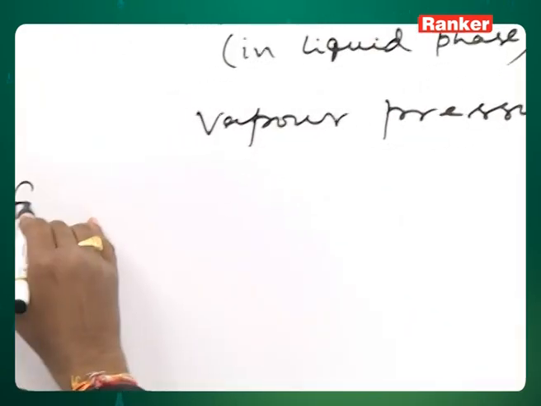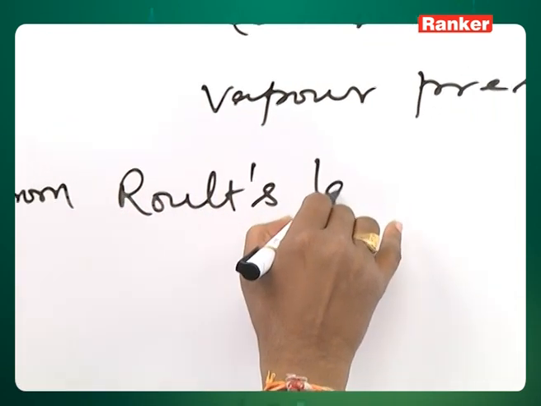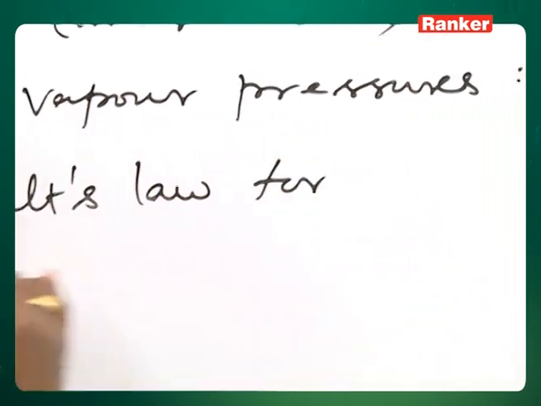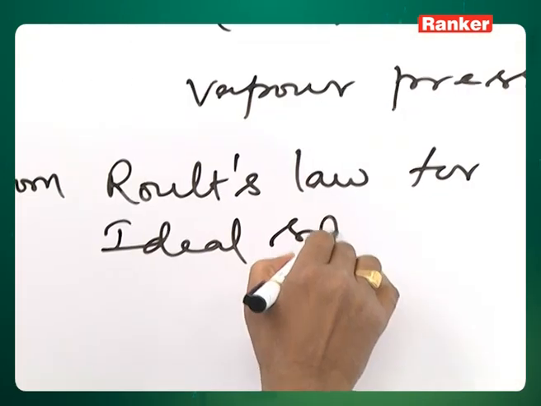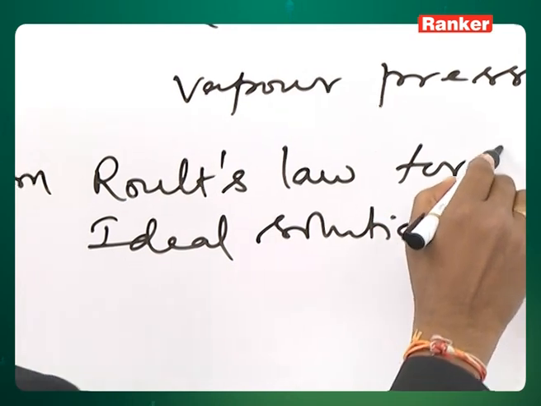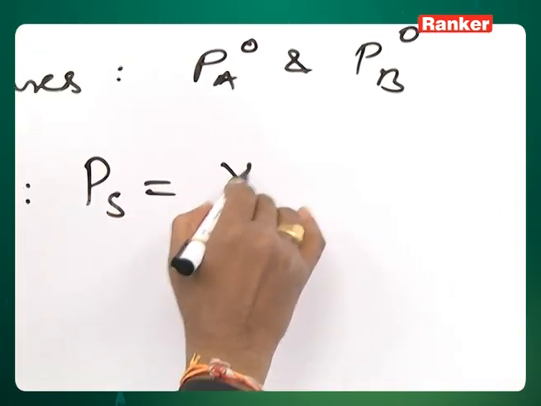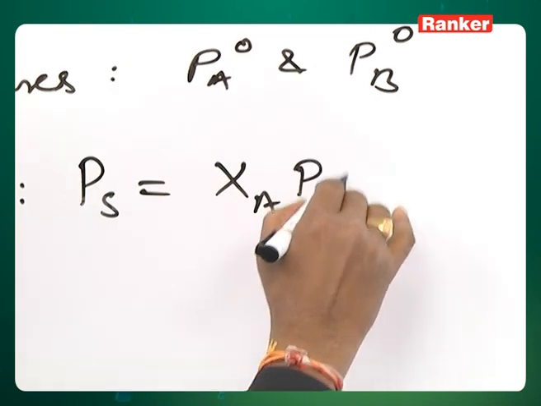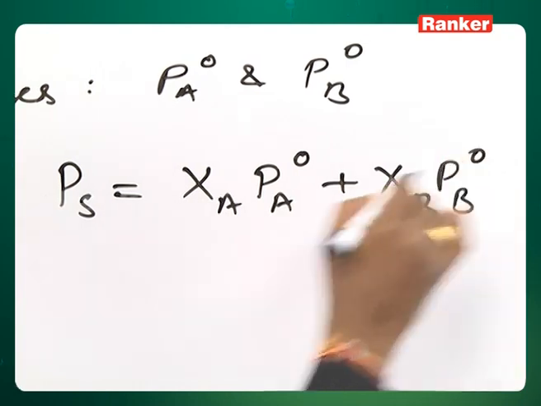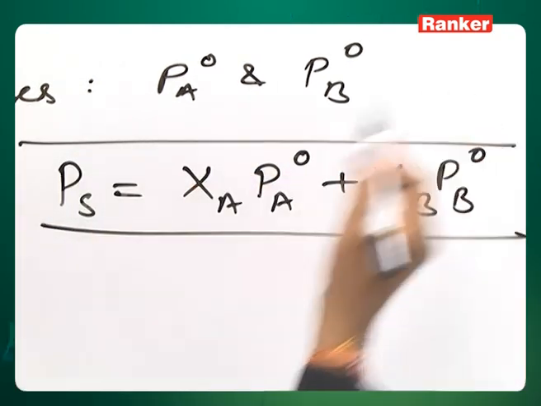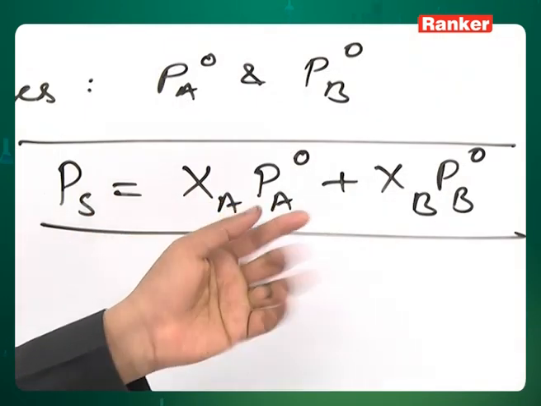Then from Raoult's law, for an ideal solution, assuming the mixture is an ideal solution, vapor pressure of solution is equal to X A P A naught plus X B P B naught, right. This is vapor pressure of the mixture.